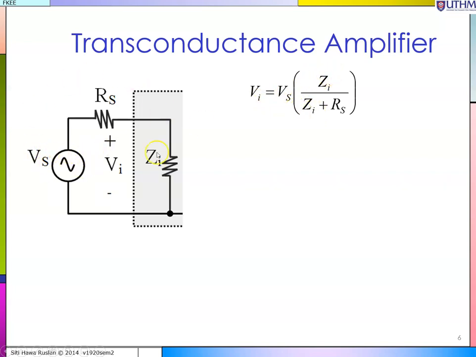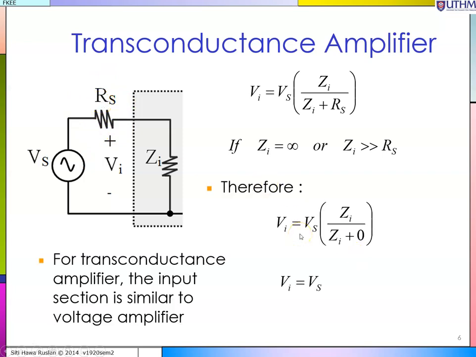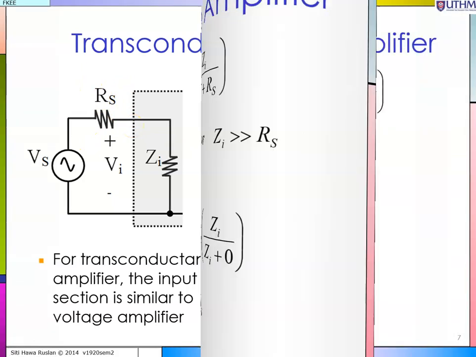And if the input impedance is infinity, it is much greater compared to Rs, so we can ignore the source resistance over here and your Vi will equal Vs. That's why we need Zi to be infinity, so we can ignore the effect of the source resistance.